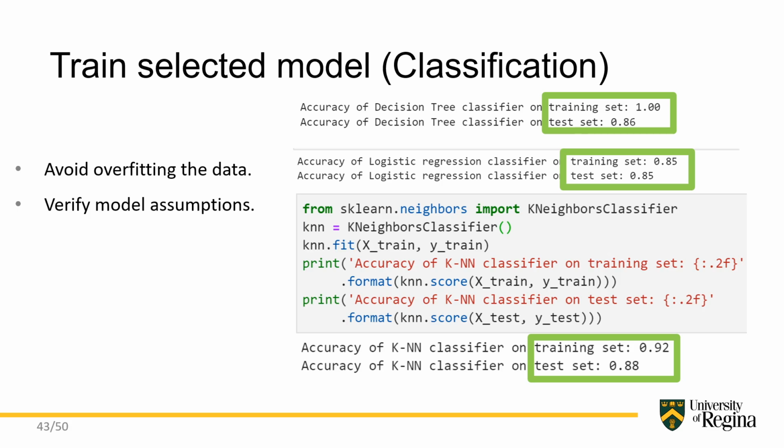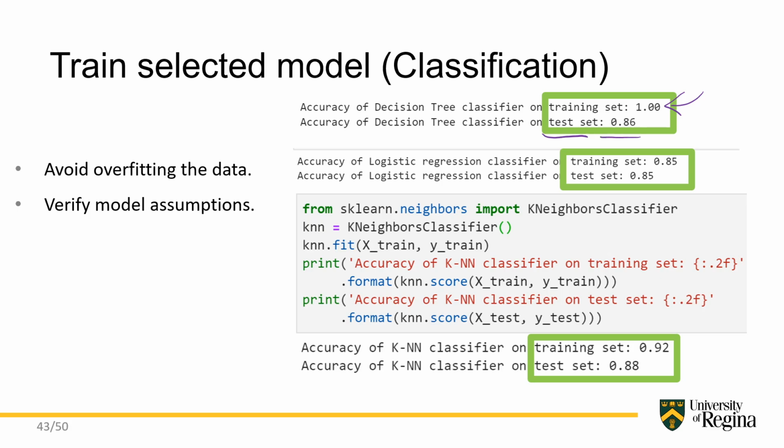In the code that I provided to you, we've used different models such as a decision tree, logistic regression and KNN, k-nearest neighbor, to see which model works better on our data. So we can see that on the training set itself, the X train and Y train, the model performs very well, like 100%. But when we give it the test set, it does not perform very well because that's unseen data.